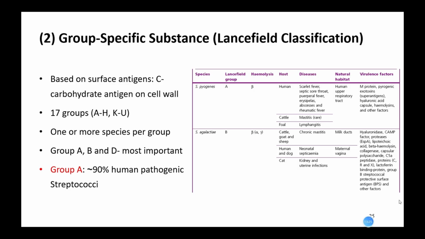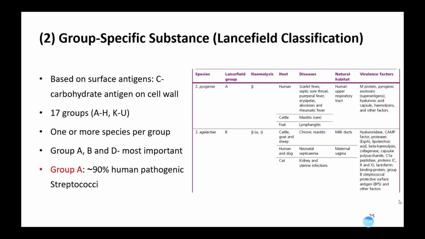Okay, if we check their serologic types, that's the group-specific substance on the cell wall, or the Lancefield antigen. Based on that, the bacteria can be grouped into 17 different groups.